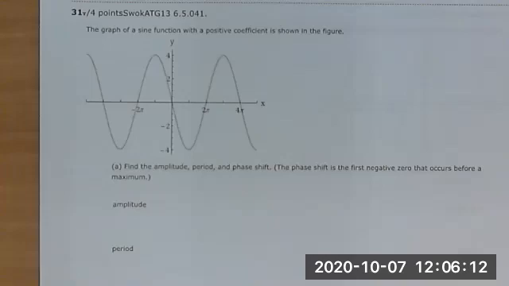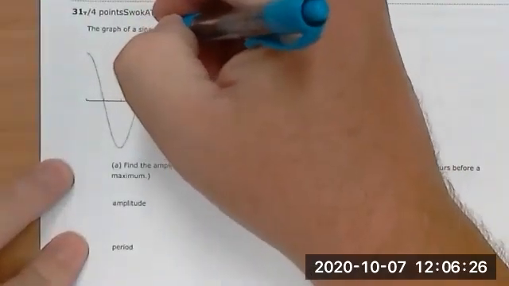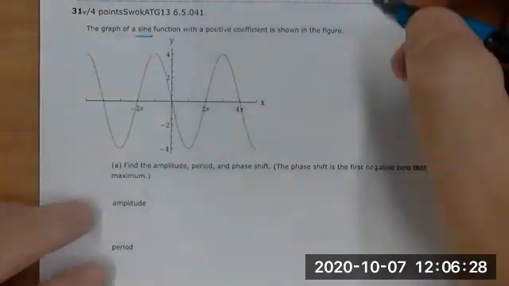Now for these problems, you'll notice that the key is they have to really tell you whether they want the equation as a sine or a cosine function. So here they tell us it's a sine function.